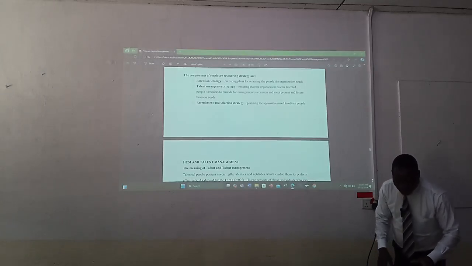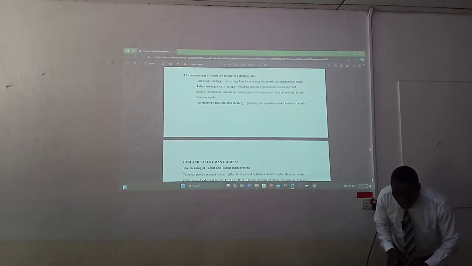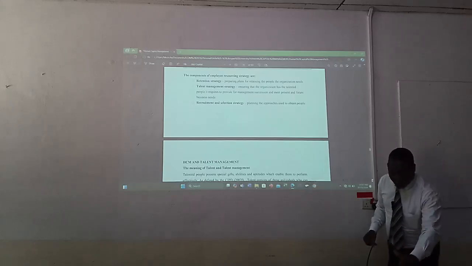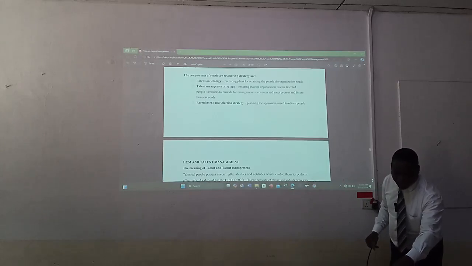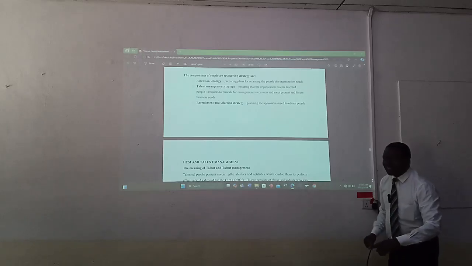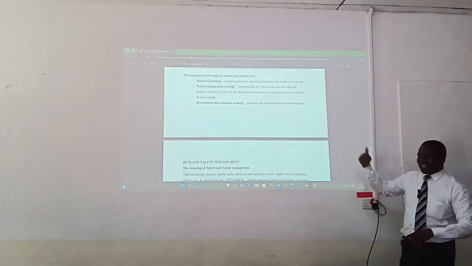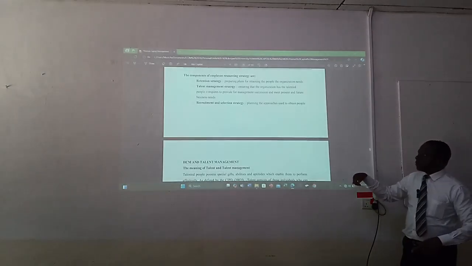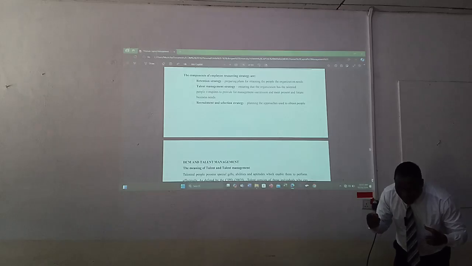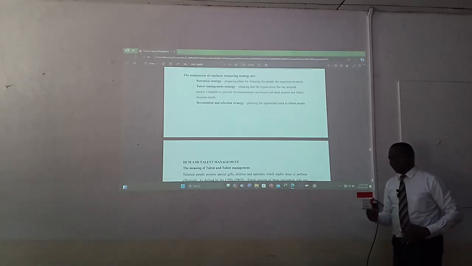Recruitment and selection strategy: planning the approaches used to obtain people. In fact, if it was me, I would have started with recruitment and selection, then talent management, then retention strategy. But here it's like they have done it the other way around. Yeah. So we are saying that planning the approaches used to obtain people is very important.